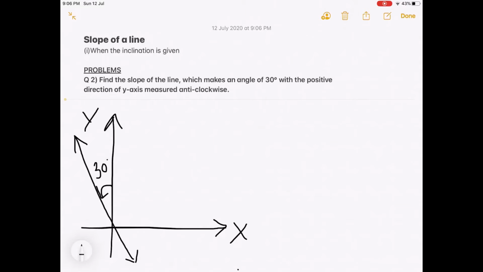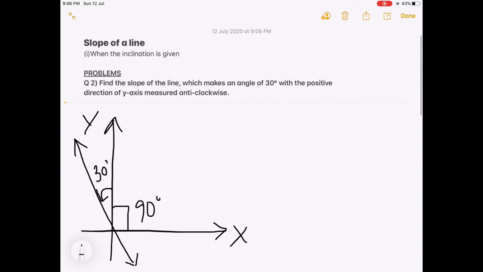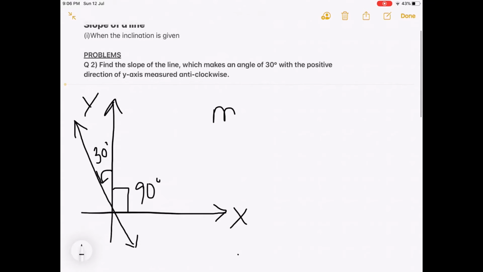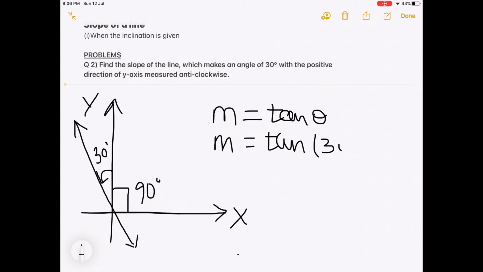So as m is equal to tan theta, where theta is the inclination with the positive x-axis, and here we have the angle with the positive y-axis, we'll have to include this 90 degrees. So m is equal to tan theta will become m is equal to tan of 30 degrees plus 90 degrees.